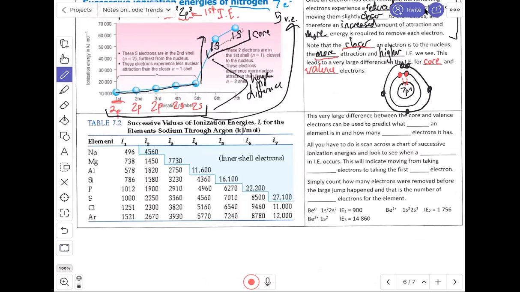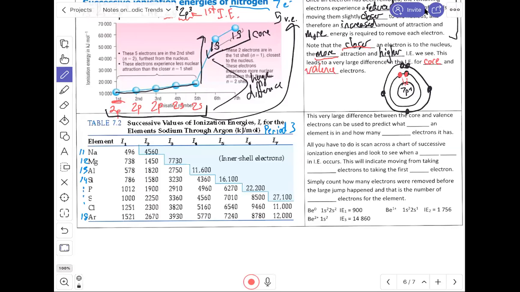It says successive values of ionization energies for the elements sodium through argon. Those are the elements in period 3, in the third row down, and they are in order, so we have element 11, 12, 13, 14, all the way down to 18.